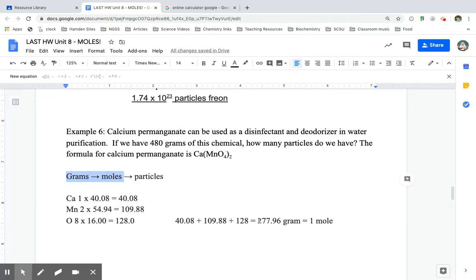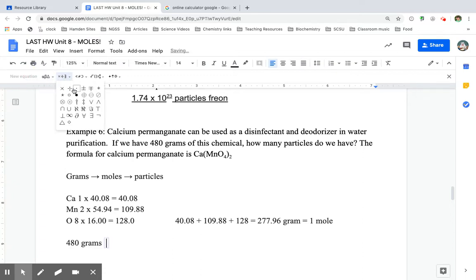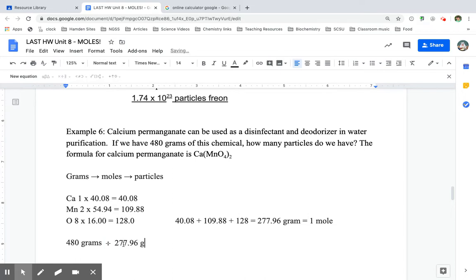Okay, so we want to go from grams to moles. We have 277.96 grams in 1 mole, but we're starting out in this problem with 480 grams of this chemical. So that means we're going to take 480 grams, and we're going to divide by the grams to the mole, just like we did in part 1. We divide by 277.96 grams per mole.